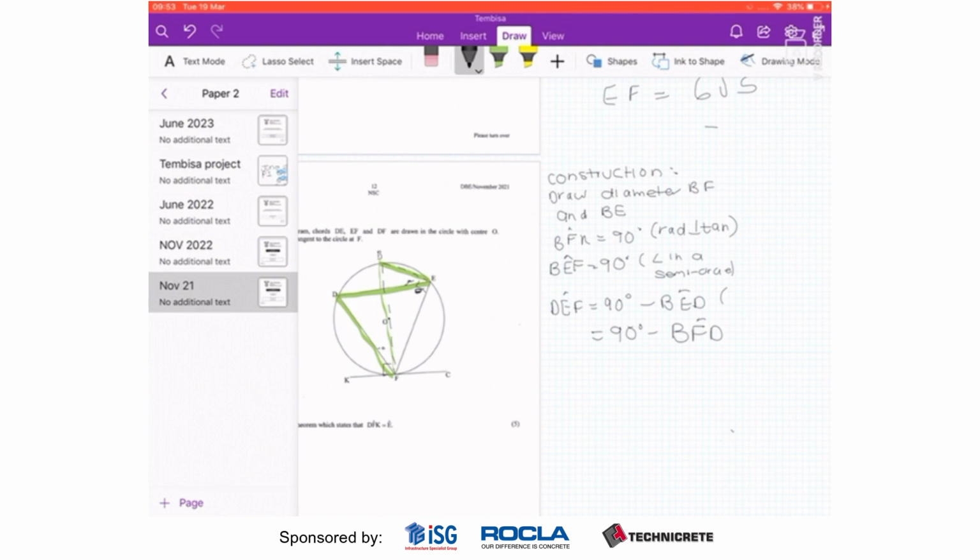My reason is angles in the same segment. Therefore, DEF is equal to DFK, because this is now equal.